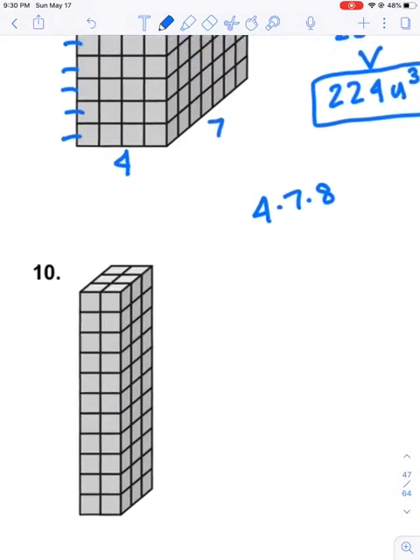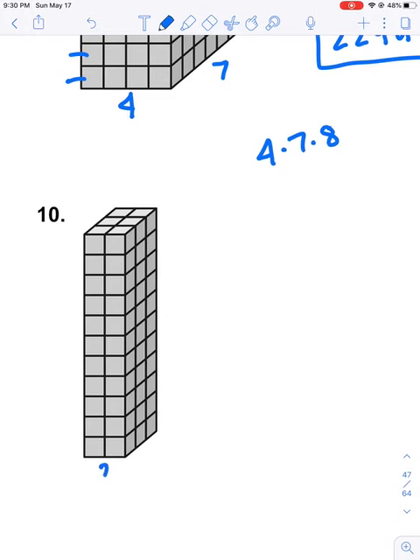Okay, hopefully you're ready. I'm going to start by labeling 2, 3, and 11. And I'm going to go back to choosing the top as my base this time. It really just doesn't matter. So volume equals the area of the base times the height. The area of the base would be 2 times 3. That's how we would find how many cubes are in that top layer.